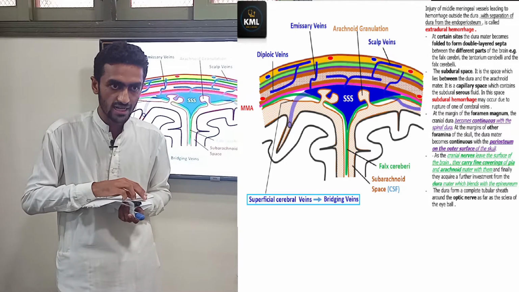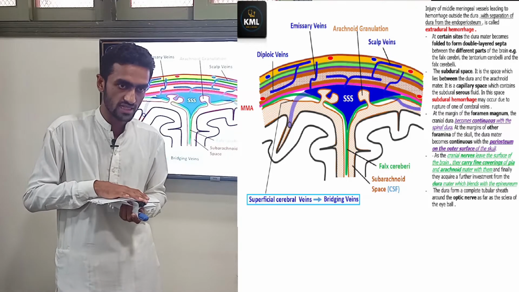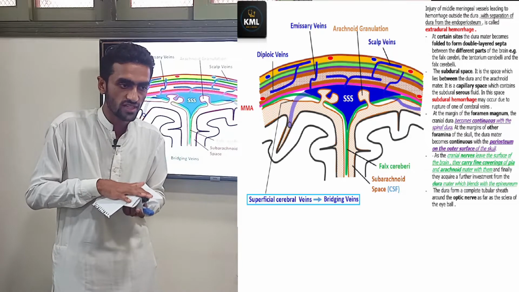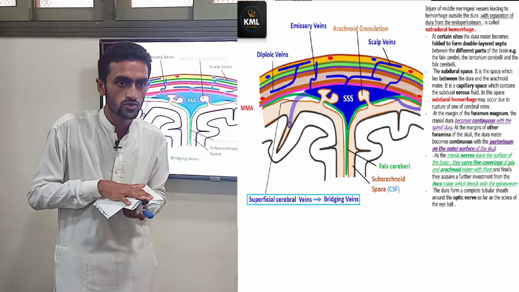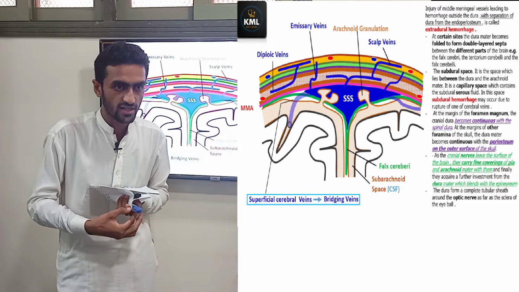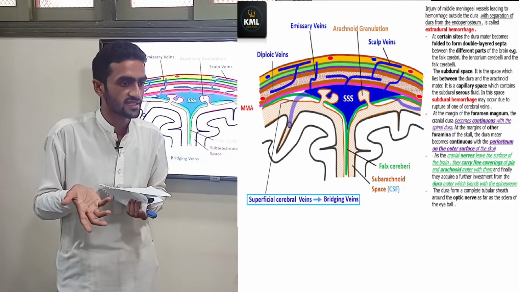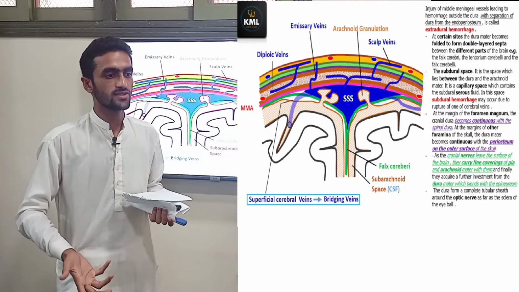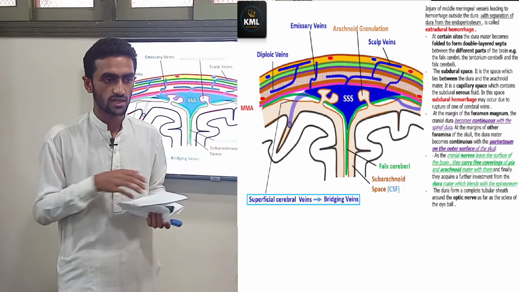This outer layer is the fixed part of your meningeal layer. On the fixed margin, what is present? Suprasagittal sinus. On this free border, the infrasagittal sinus is present. Are you clear?